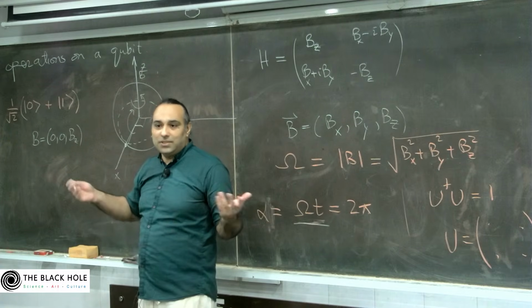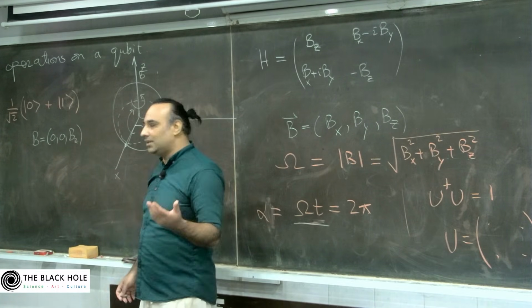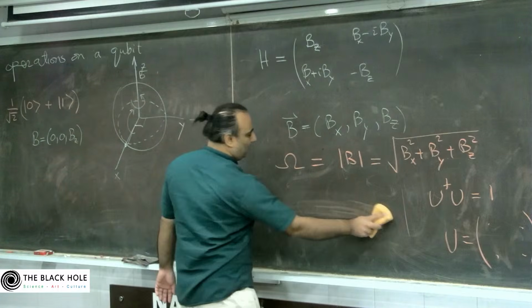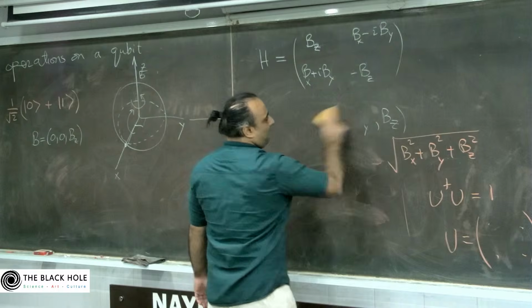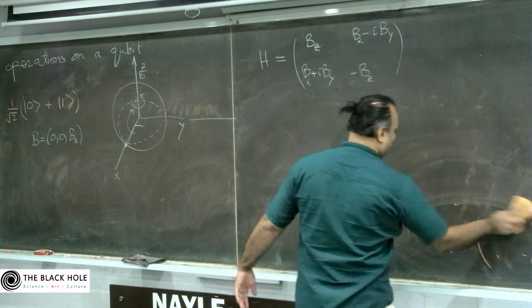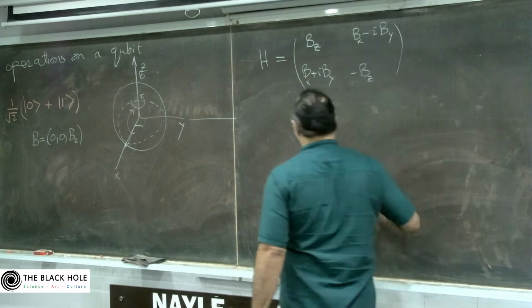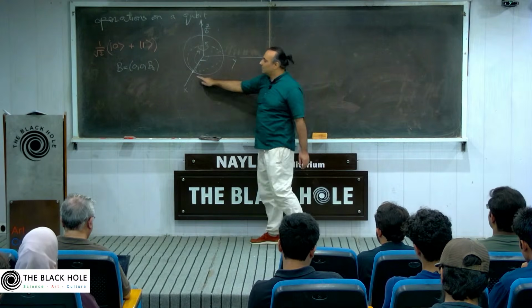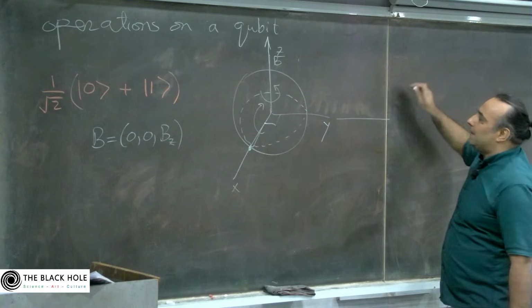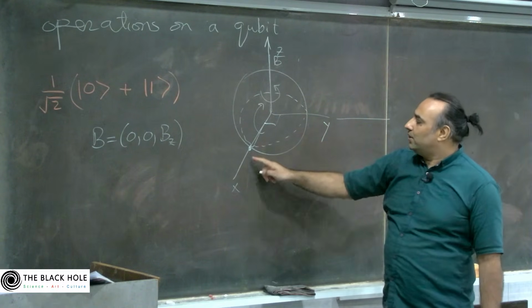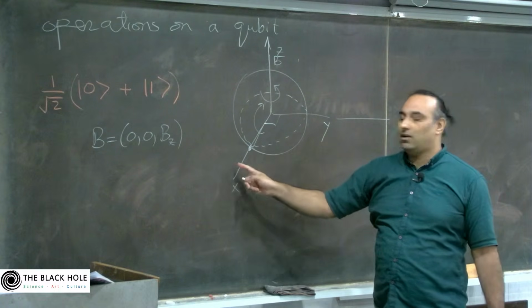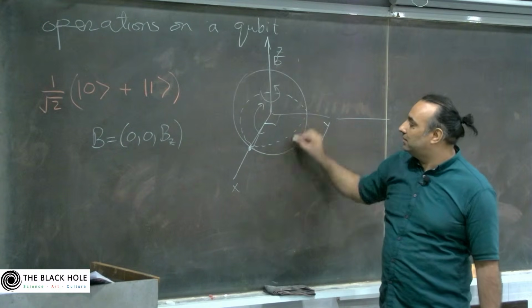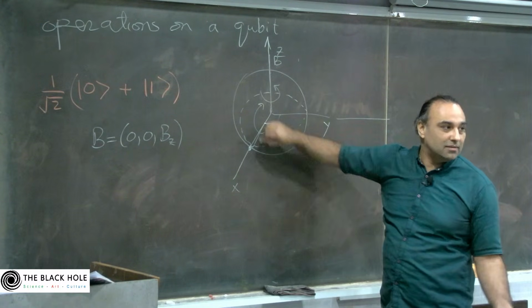Now there are infinite possibilities for this, but some more relevant and more useful operations would be rotations, where you want to rotate along an axis. Suppose you want to rotate along x by 180, that would take this down there and take this up there.